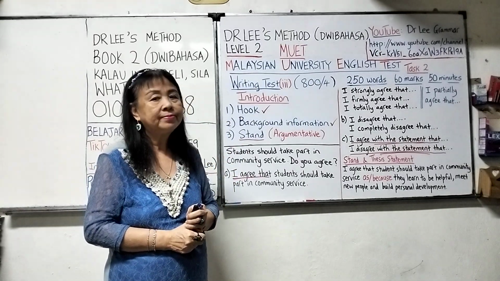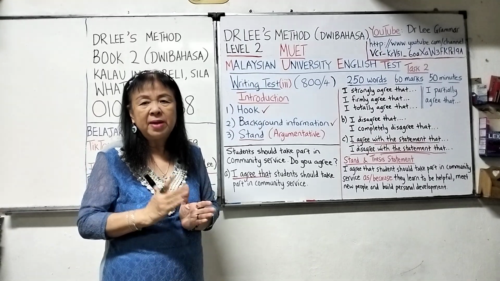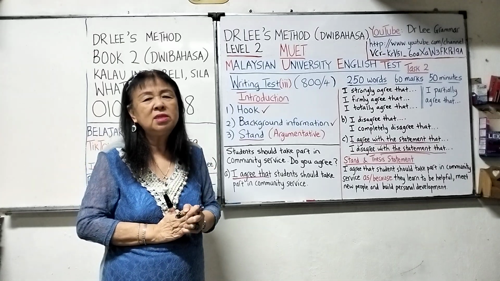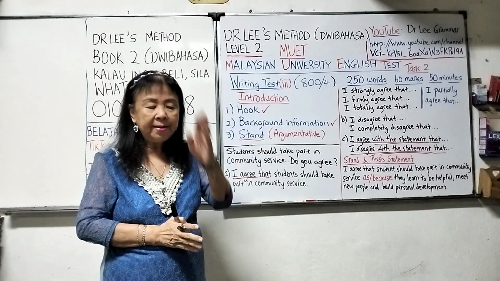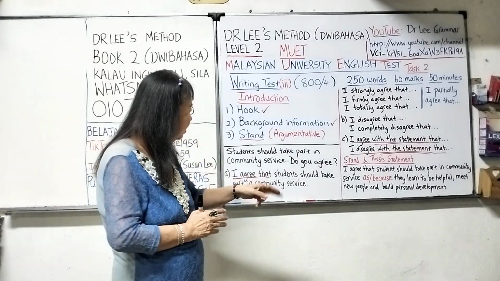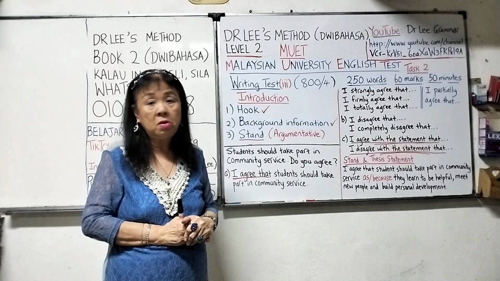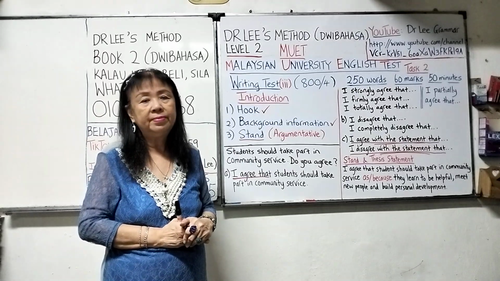But let us say you agree but not all. You think that there are certain things that you still don't agree with. Then you can say, I partially agree that students should take part in community service. Is it wrong to say that? No. You can partially agree. Nothing wrong.